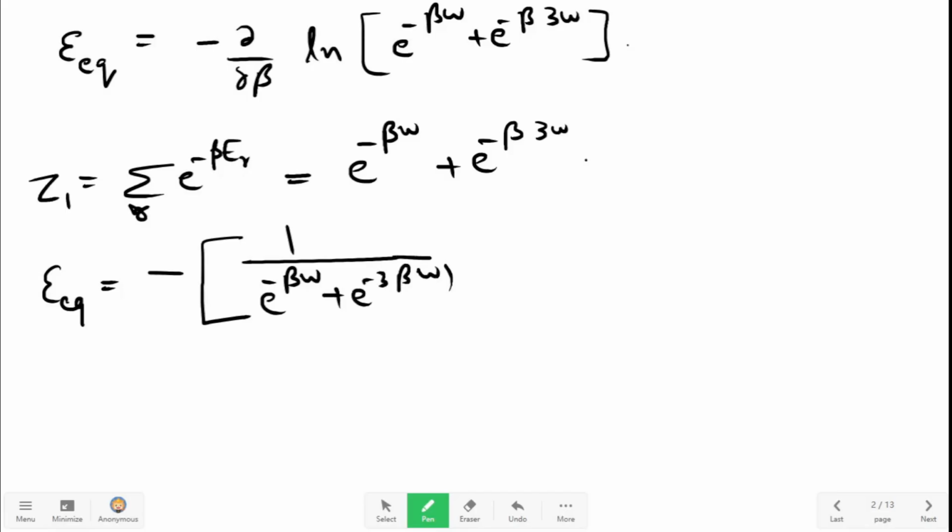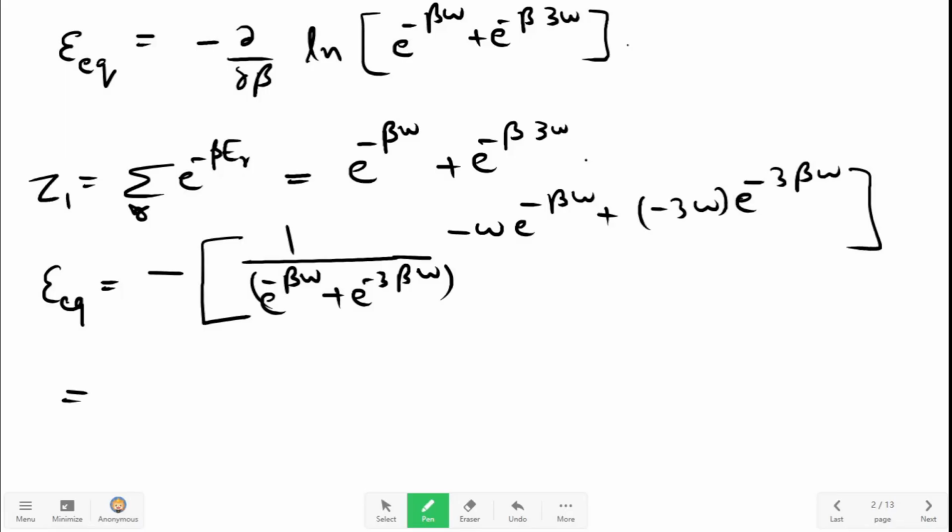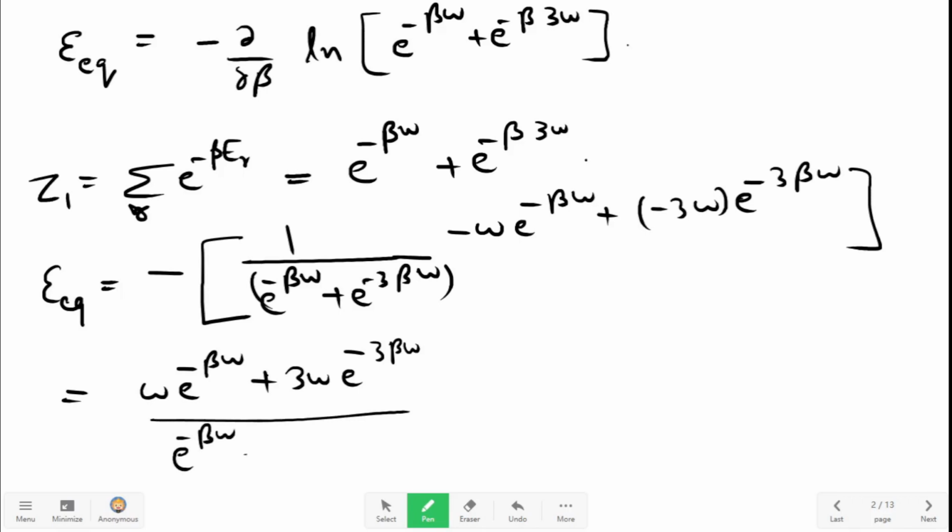times the derivative of this, which is minus omega e raised to minus beta omega minus 3 omega e raised to minus 3 beta omega. Therefore this is equal to omega e raised to minus beta omega plus 3 omega e raised to minus 3 beta omega, divided by e raised to minus beta omega plus e raised to minus 3 beta omega.